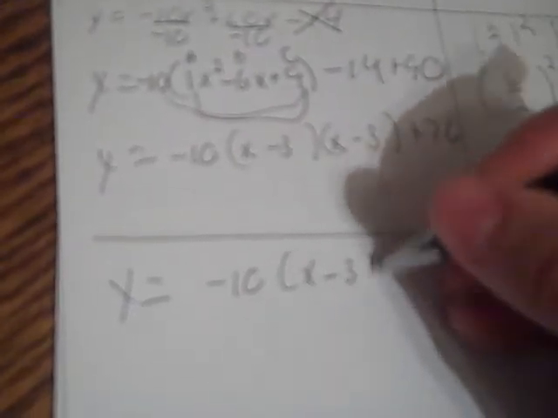Okay, negative 14 plus 90, that is going to be 76 positive. Please put plus 76, don't just put a 76 out there. Okay, so I have negative 10, and then x minus 3 quantity squared plus 76.